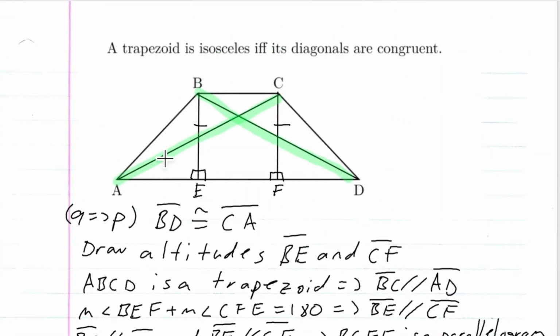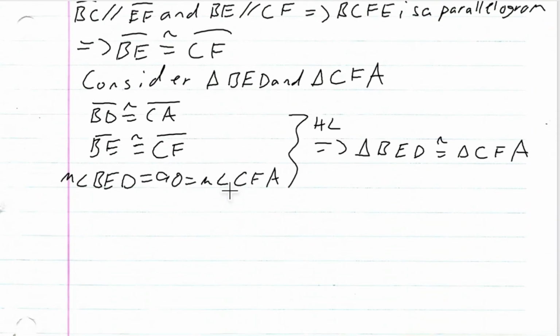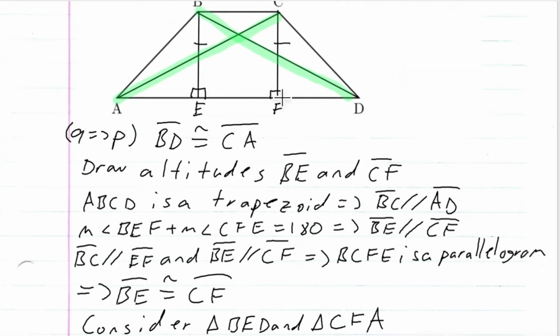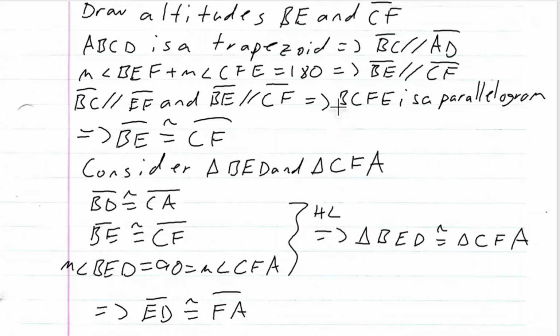And let's see, if these two triangles are congruent, that means this implies that ED is congruent to FA, right? ED is congruent to FA. And let's look at ED, right?